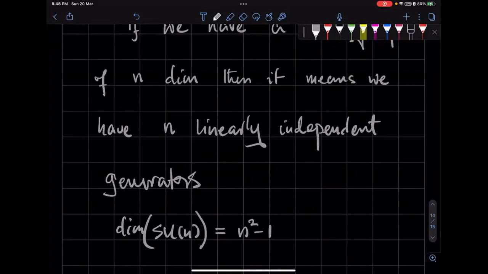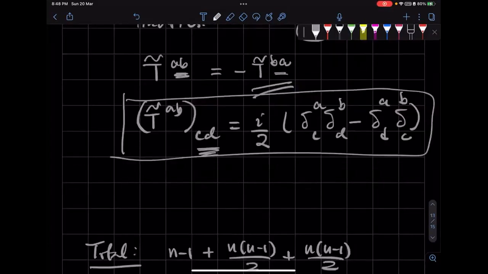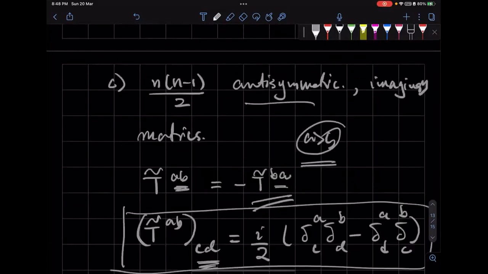So we can either choose A to be greater than B for the antisymmetric imaginary generators, or if A is not greater than B, then we have to impose this condition. Because then you can see that this guy is not linearly independent of TAB.